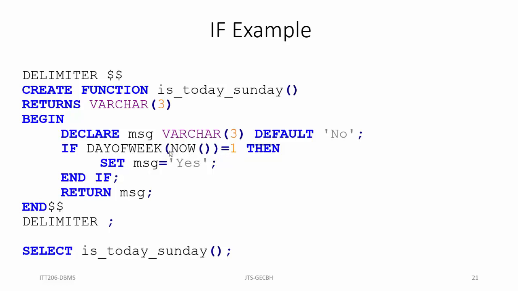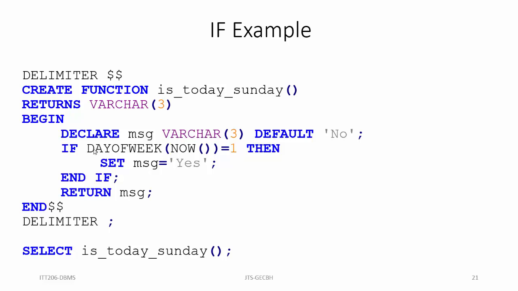Here now is a function that returns the current date and time, and dayofweek will convert this date and time into the day number. 1 corresponds to Sunday, 2 corresponds to Monday, and 7 corresponds to Saturday. That's how this logic works.